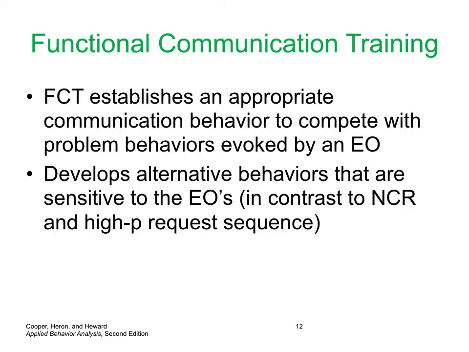Now, functional communication training, FCT. FCT establishes an appropriate communicative behavior to compete with problem behaviors evoked by an establishing operation, EO. Rather than changing EOs, functional communication training develops alternative behaviors that are sensitive to the EOs. This is in contrast to the non-contingent reinforcement and high P request sequence interventions that alter the effects of EOs.